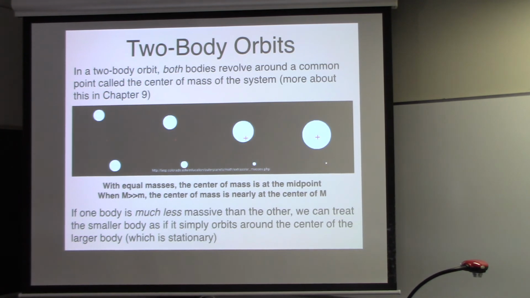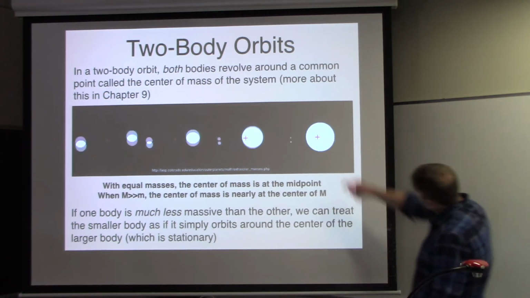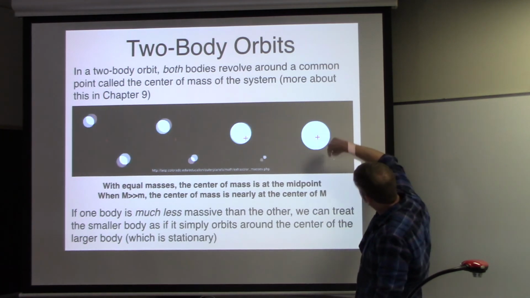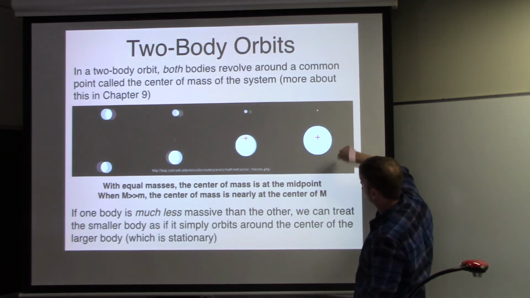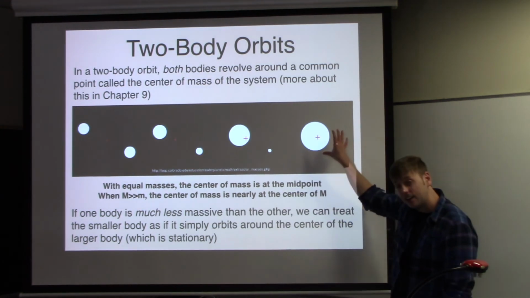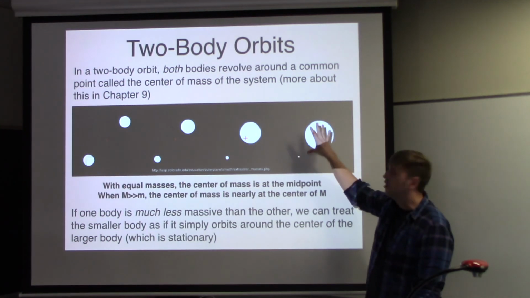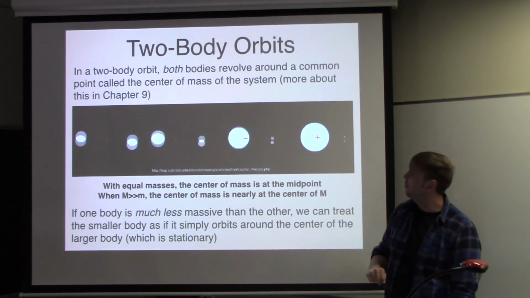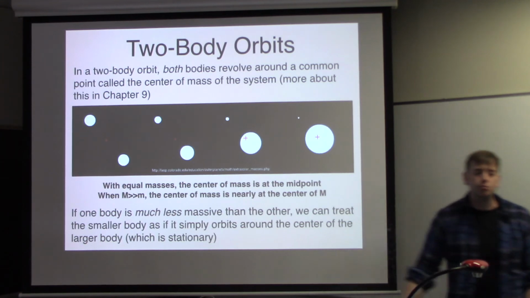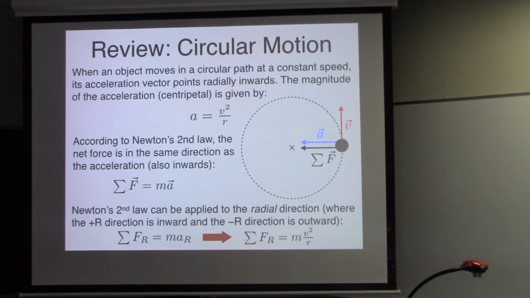So when we're dealing with one body being much less massive than the other, we can basically treat it as if the smaller body is just moving in a circle around the center of the large body. It's not exactly true because the large body does move around a little bit, but we can treat it as if the large body is stationary and the small body is just moving around it. Okay? So that's what we'll do from here on out.